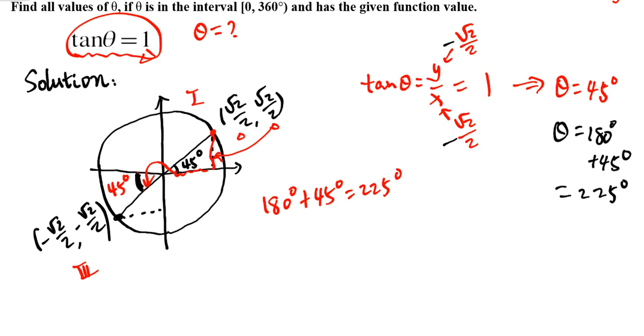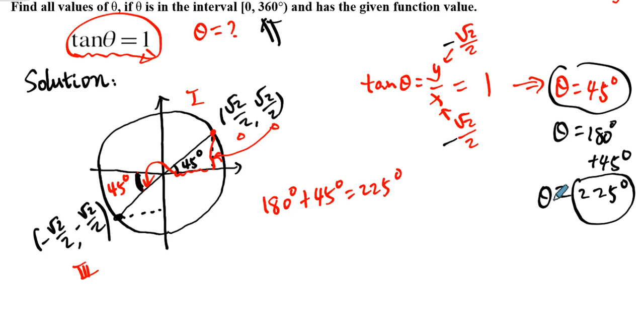Those two angles, 45 and 225, are in this range from 0 to 360 degrees. So there are two answers. One answer is theta equals 225. Another one is theta equals 45.